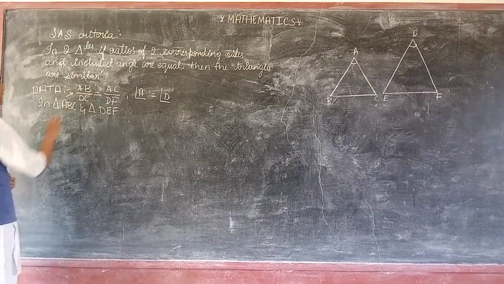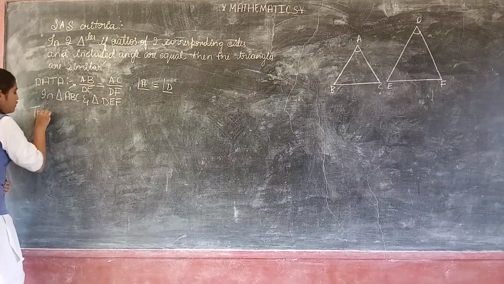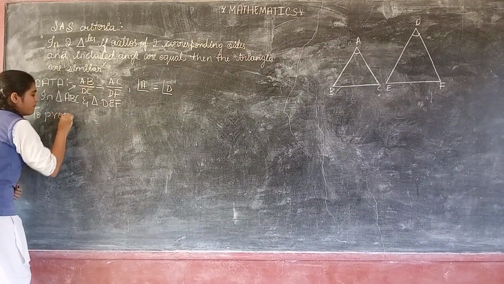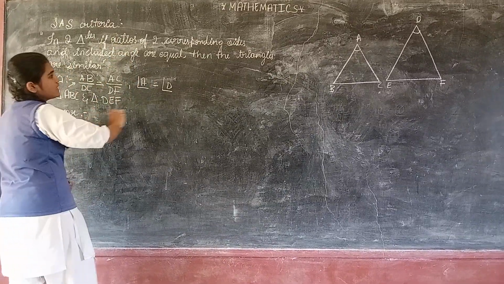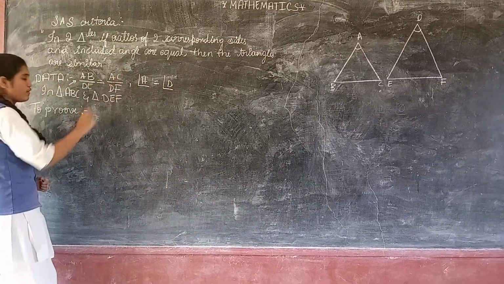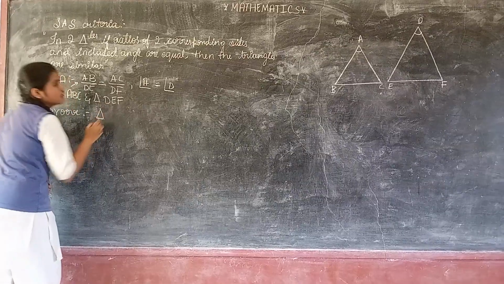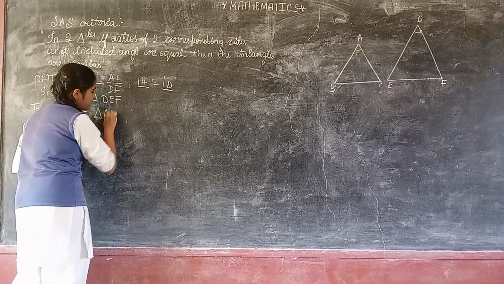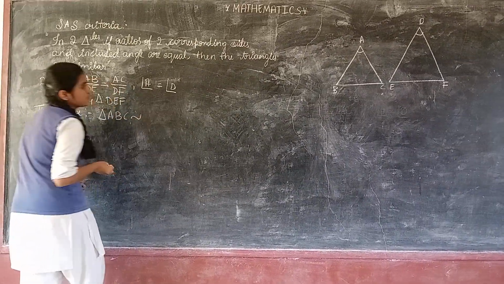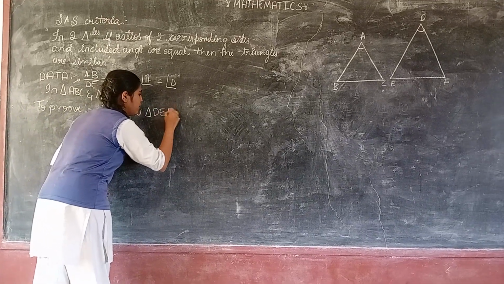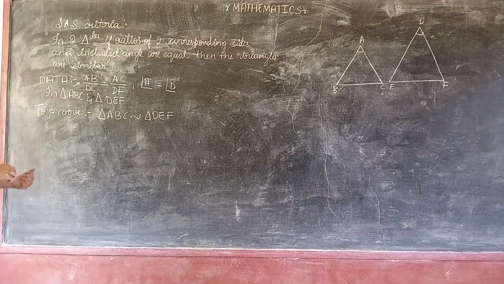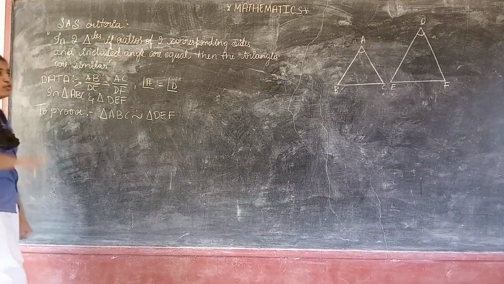What we have to prove by this statement? We have to prove that if these two things are satisfied, then the triangles will be similar. This we have to prove. Which triangles? Triangle ABC must be similar to triangle DEF.